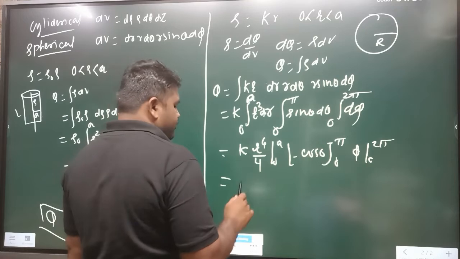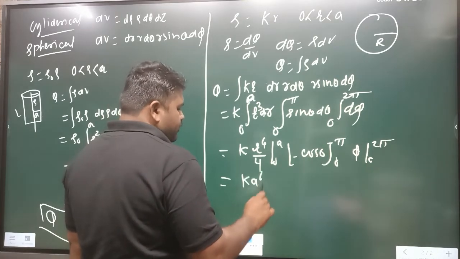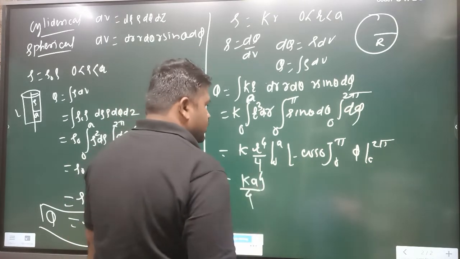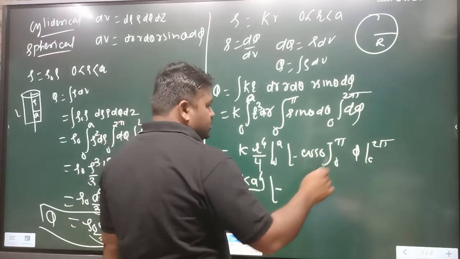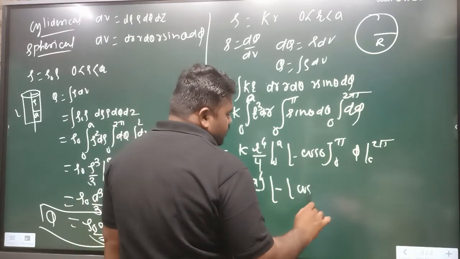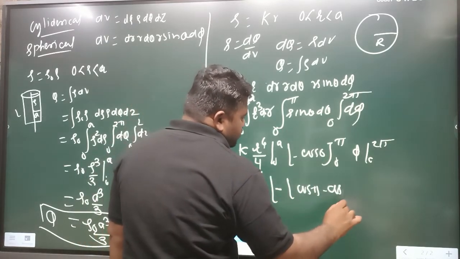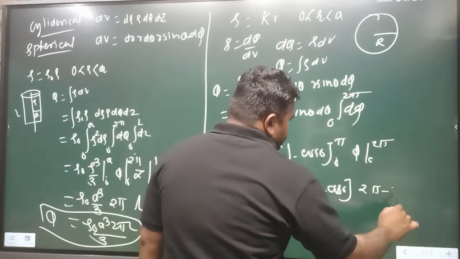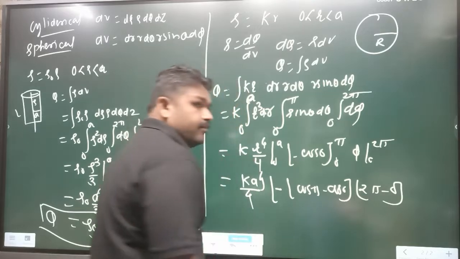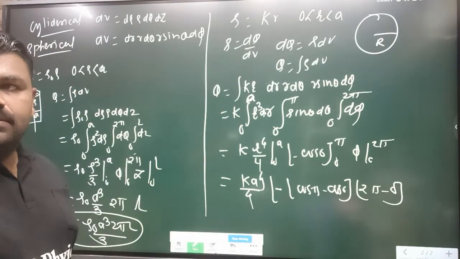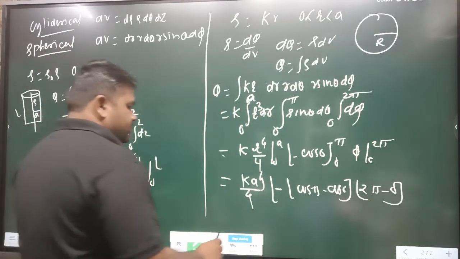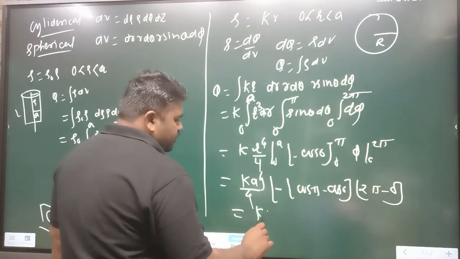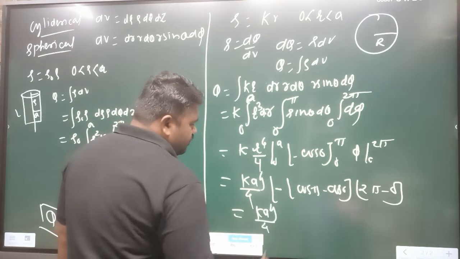Next, k a to the power 4 upon 4, minus cos pi minus cos 0, and 2 pi minus 0.